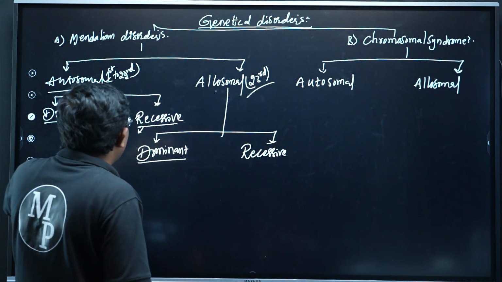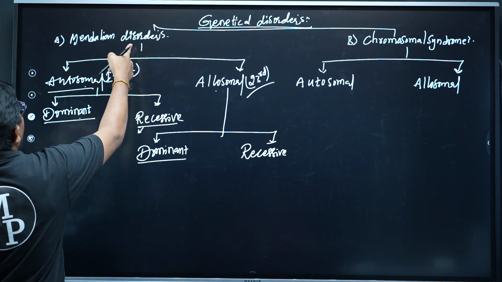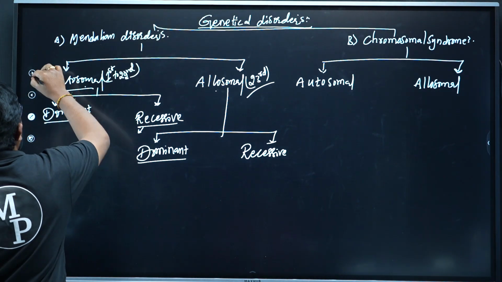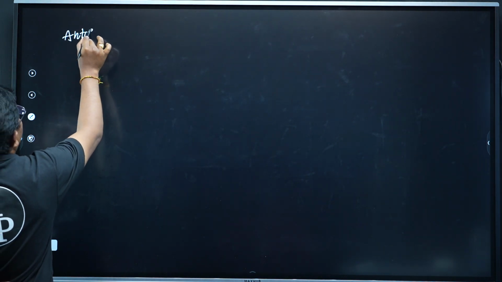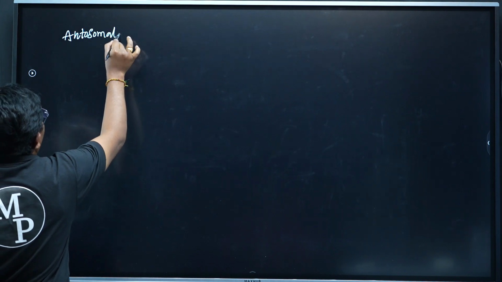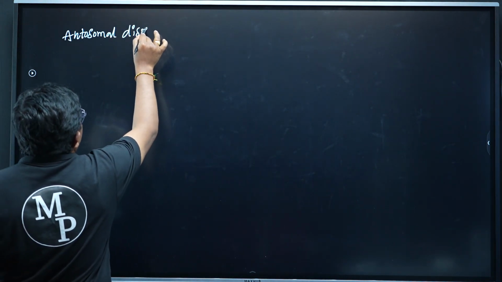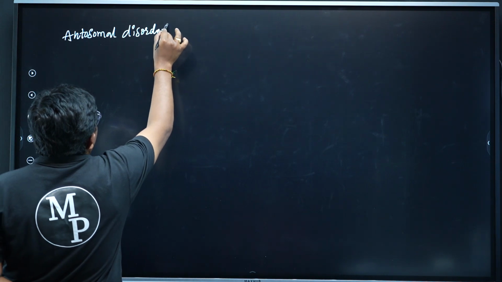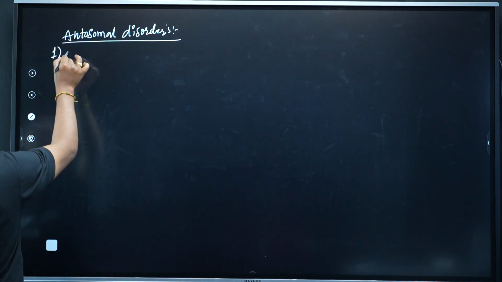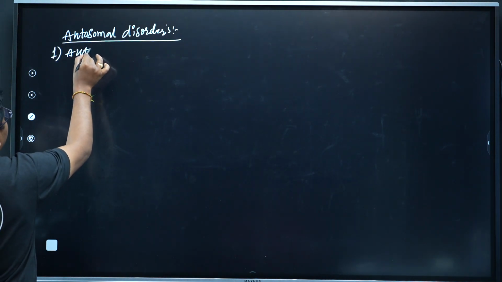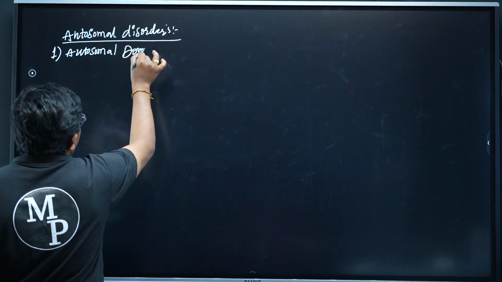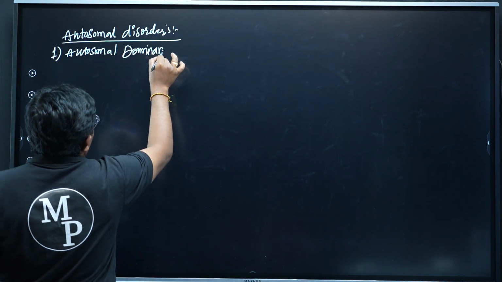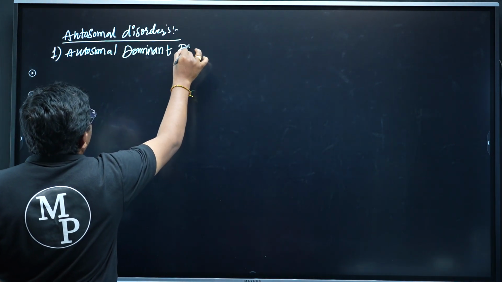Okay, so first go to Mendelian disorders, in these autosomal disorders. So it is autosomal disorders. The first one is autosomal dominant disorders.